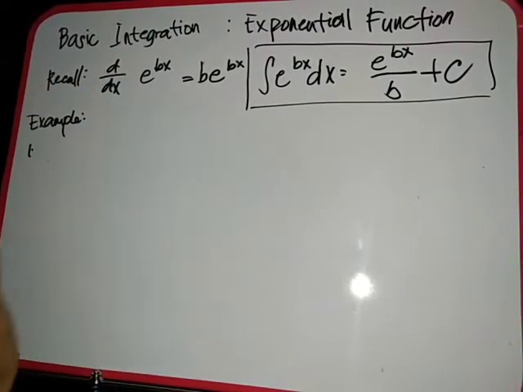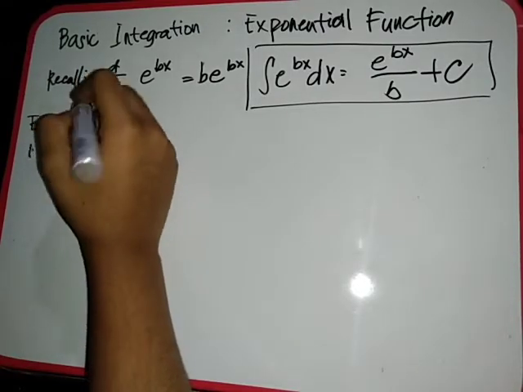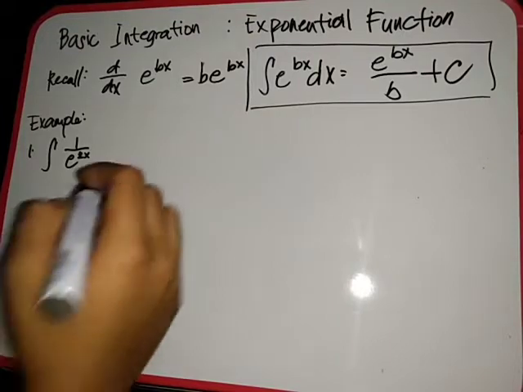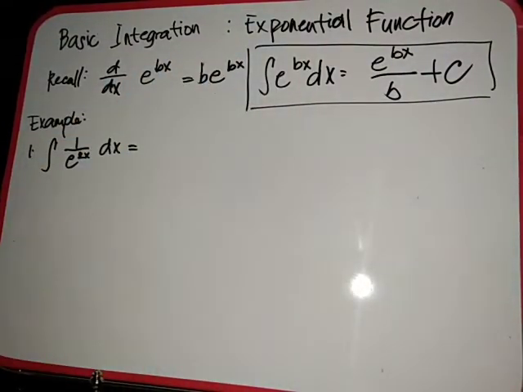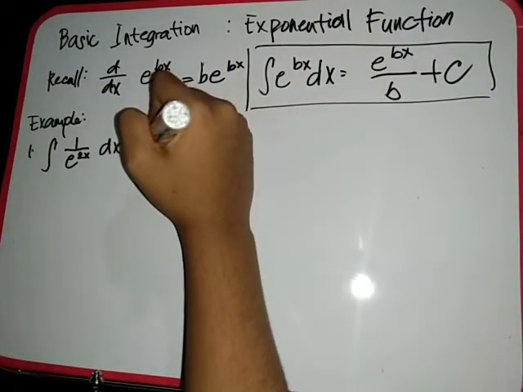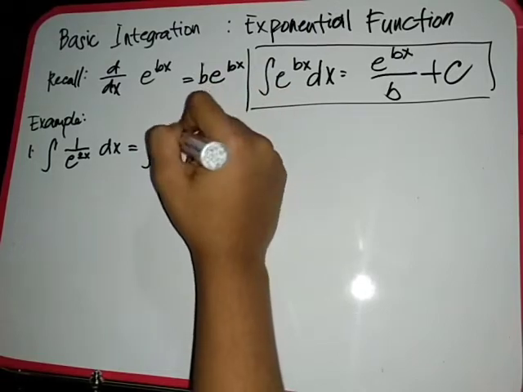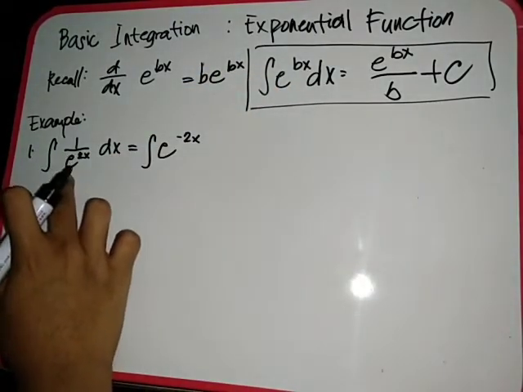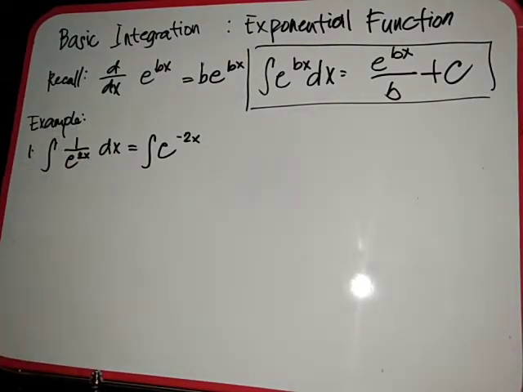Number 1 is the integral of 1 over e raised to 2x dx is equal to the integral of e raised to negative 2x. That would be negative because e raised to 2x, we transpose it from the denominator to the numerator.